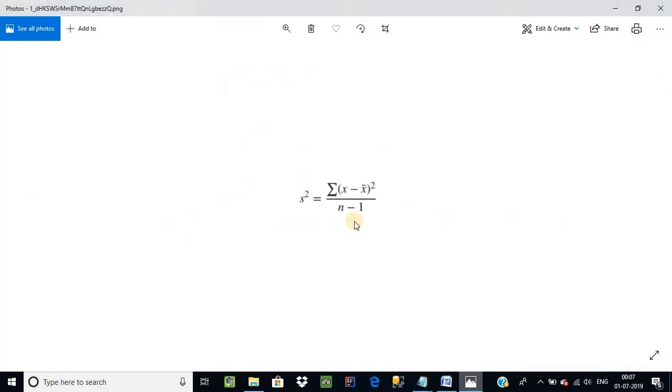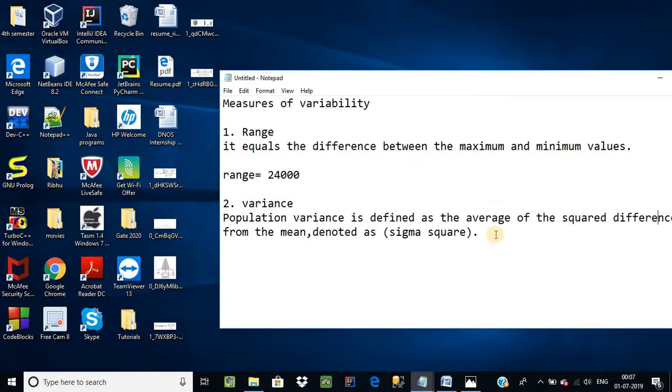As per the formula, as you can see, sigma square is nothing but the sum of (x minus x bar) whole square, which is the deviation from the mean, divided by n, where n is the total number of observations. What does larger variance mean?